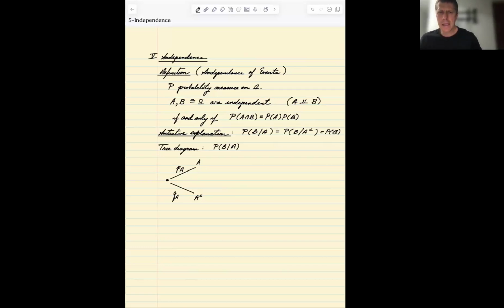And then, after A occurs, we either get B or we get B complement. After A complement occurs, we're either going to get B or B complement.